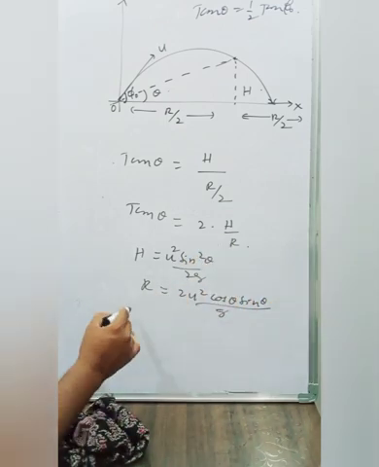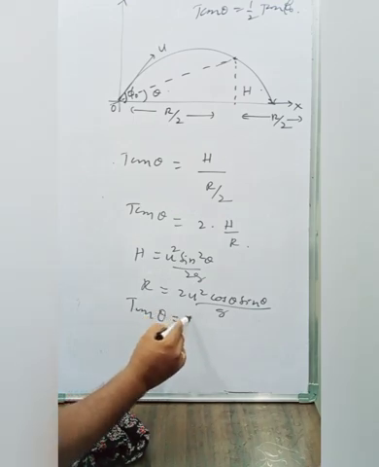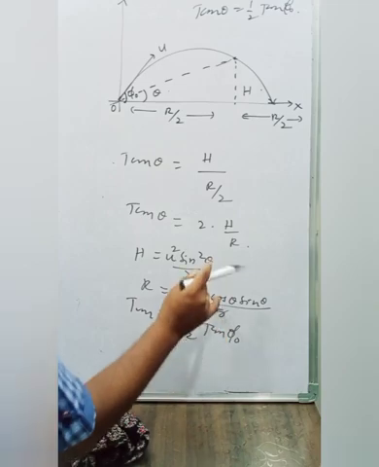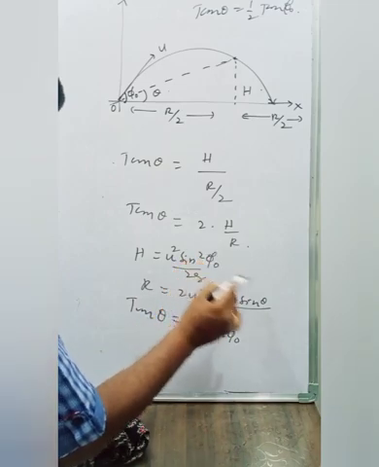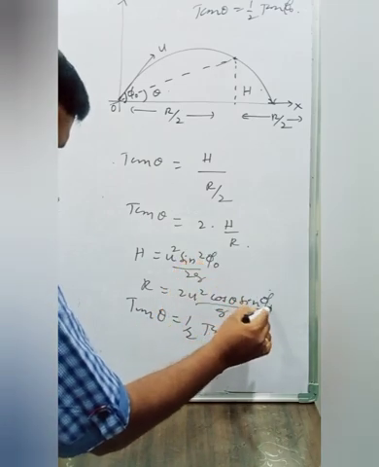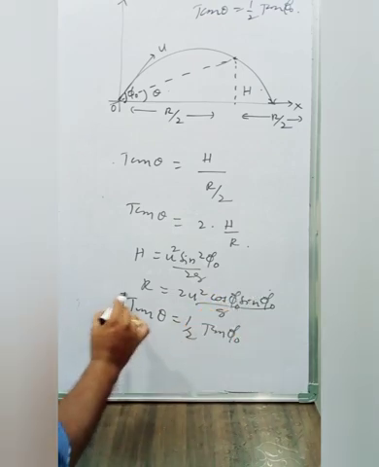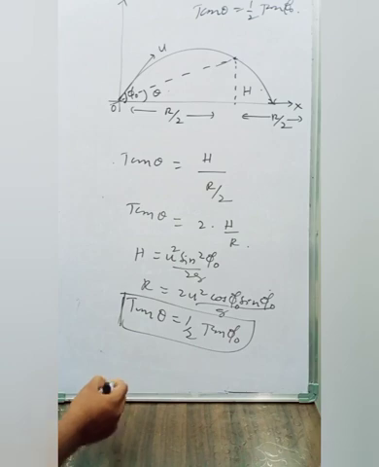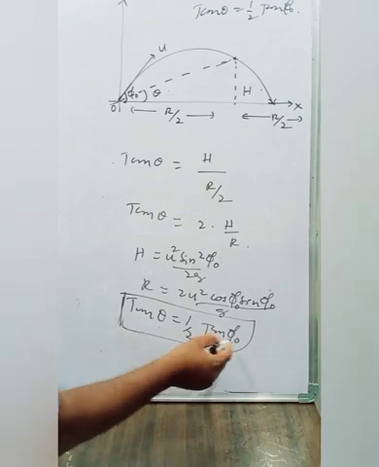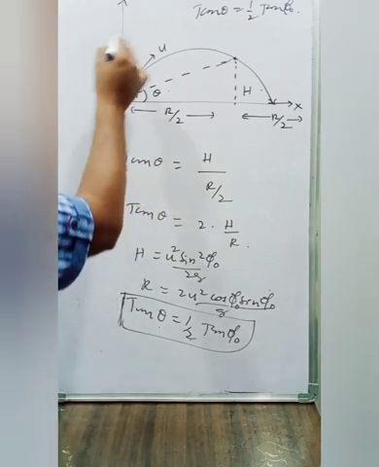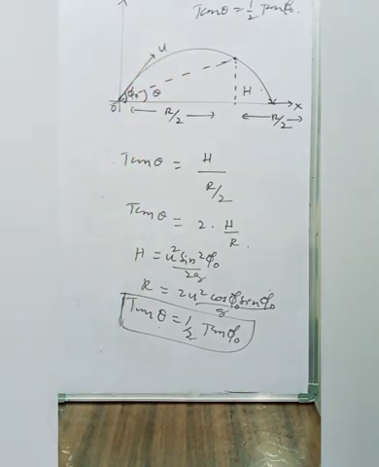By dividing these equations we get tan theta is equal to half tan phi naught, where phi naught is the angle of projection. So this is the required value for the angle of elevation.